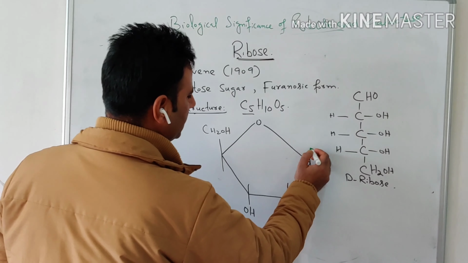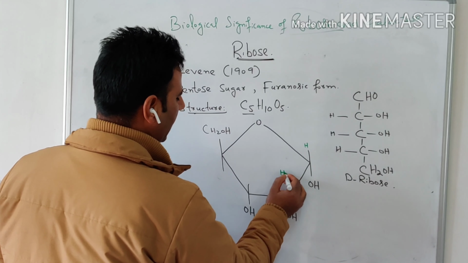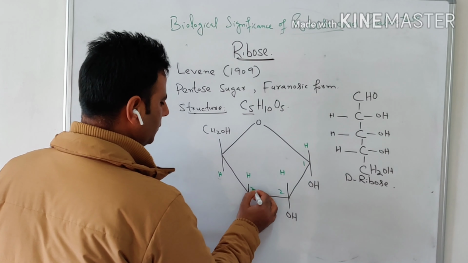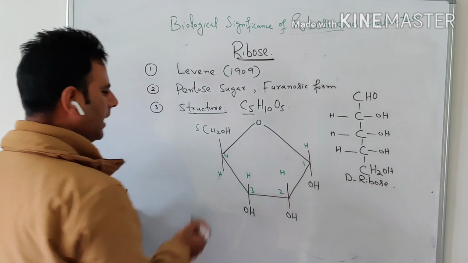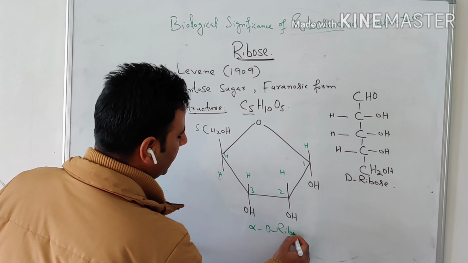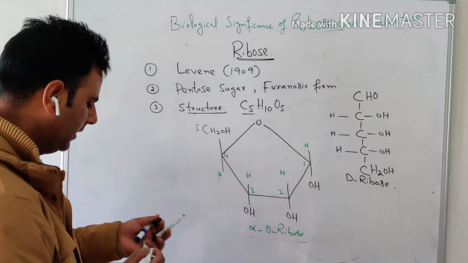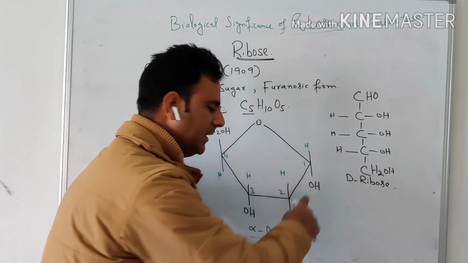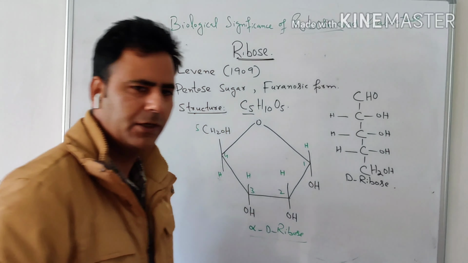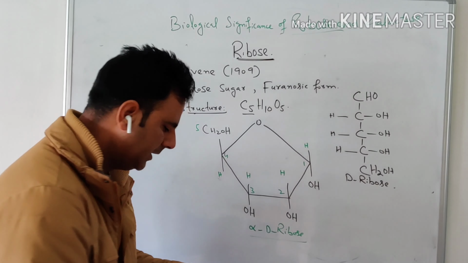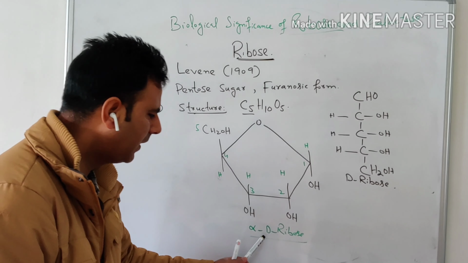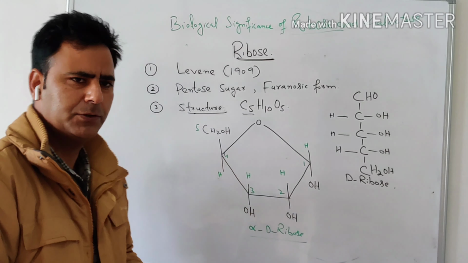For the rest of the places, we incorporate H. This is carbon 1, this is carbon 2, 3, 4, and this is 5. This is alpha D ribose. Why alpha? Because the hydroxyl group at the anomeric carbon is located on the lower side. And why D? It rotates plane polarized light towards the right. Most of the sugars are dextrorotatory. That's why D. And ribose, because it's a pentose sugar.